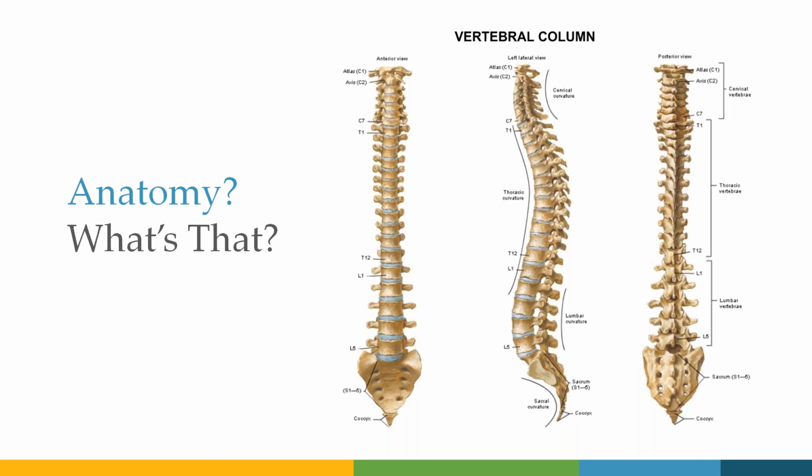Those bends help support body weight. Those curves are also things that we're looking for when it comes to seating and positioning, optimal seating and positioning for individuals that have had a spinal cord injury.